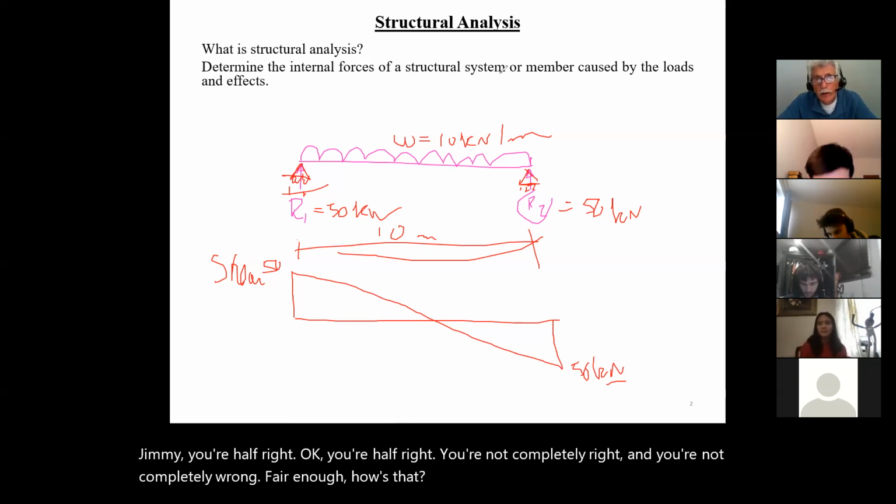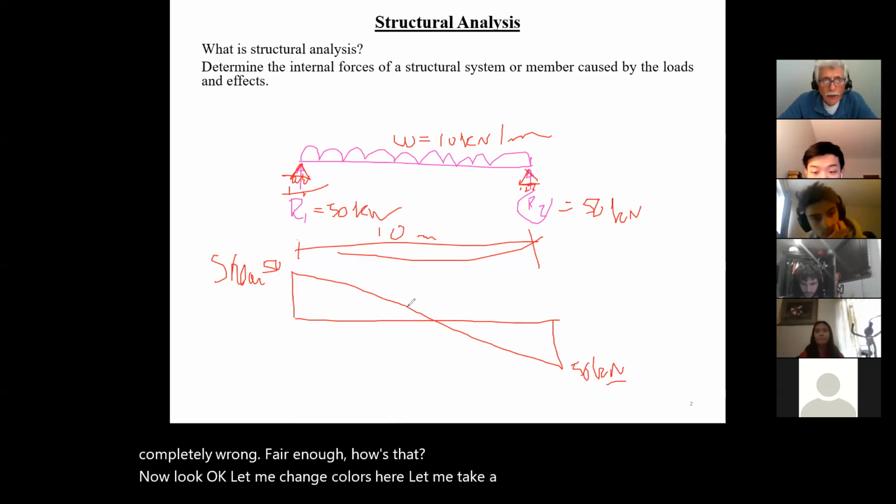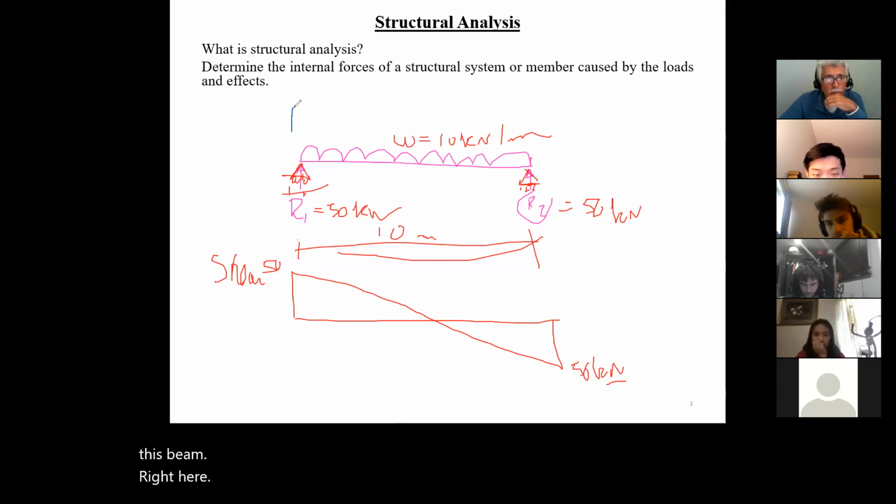Okay, now look. Let me change colors here. Let me take a blue. Now, let's say I take part of this beam right here, right up to here. Let's say I take about 2 meters of this beam.